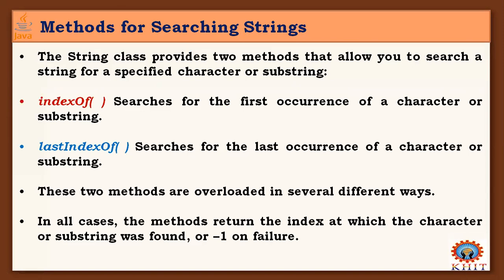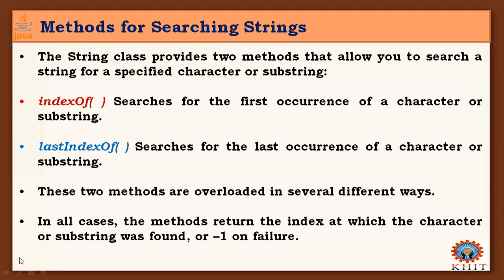The first one, methods for searching strings. These methods are mainly used to search, based on the index given, for a character or a substring, fetching a character or a substring from the given string object. The String class provides two methods that allow us to search a string for a specified character or a substring.